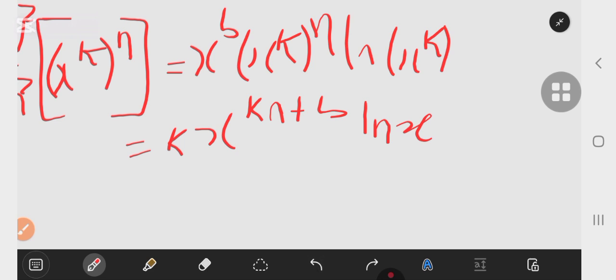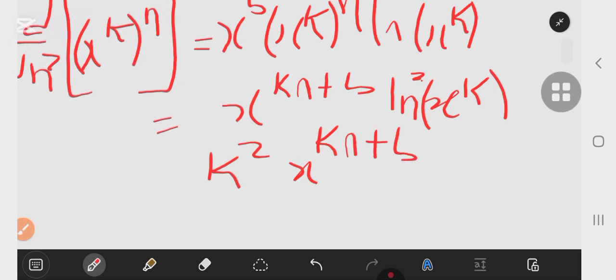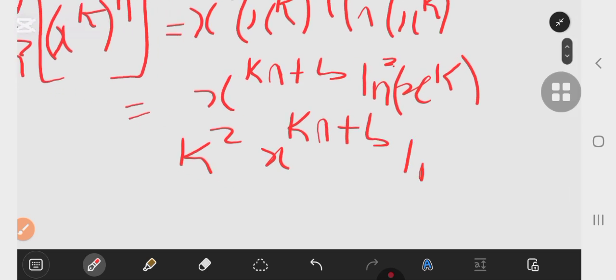Let me go back to this place. I have x to the power of k. This time around, it will now be ln x to the power of k squared. So I'll have k squared x to the power of kn plus b times ln squared x.